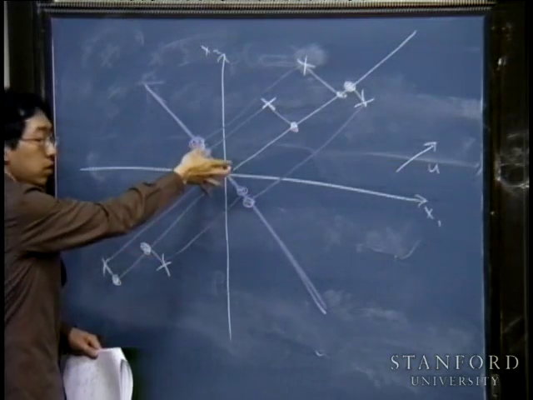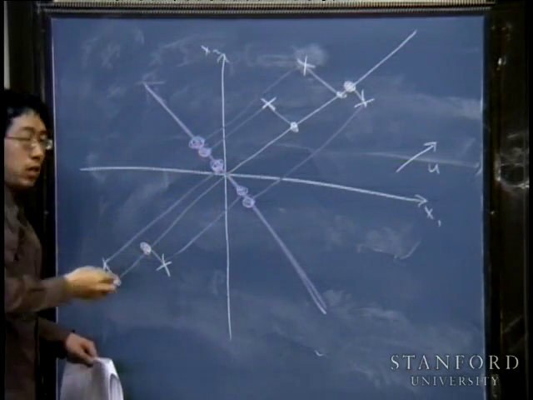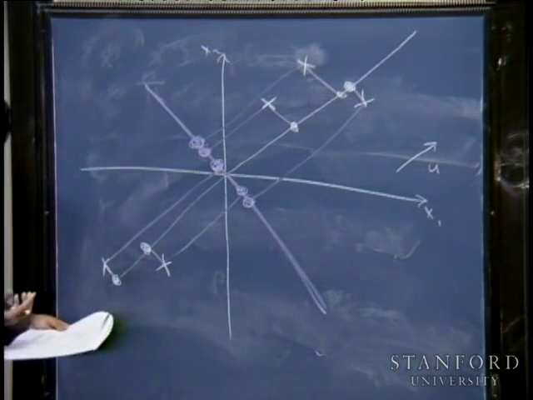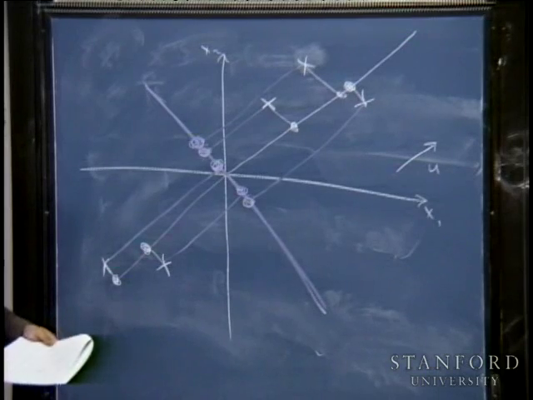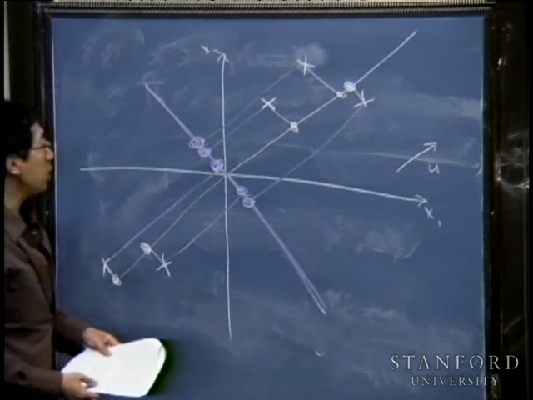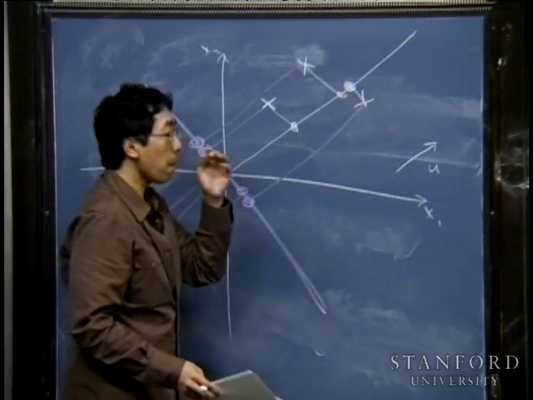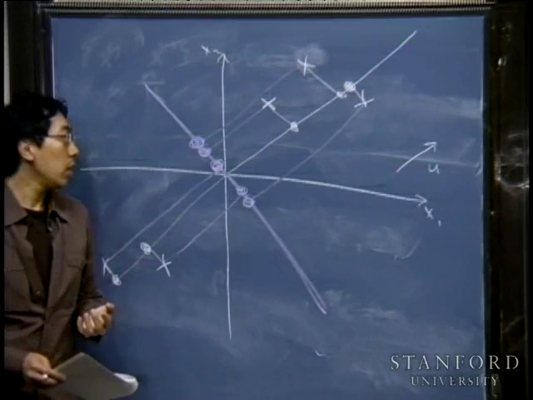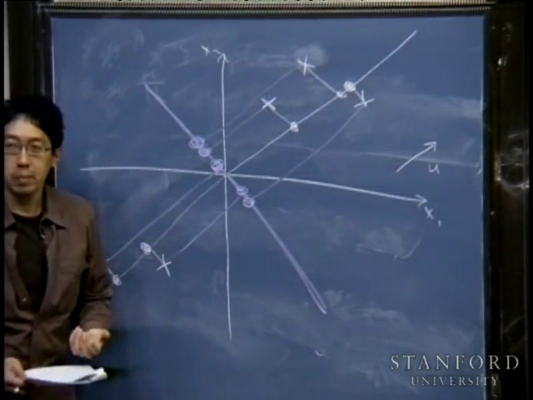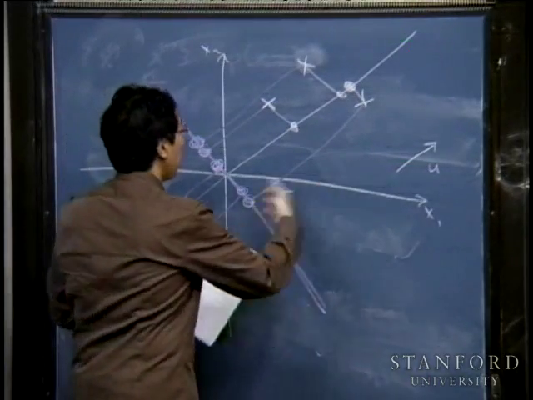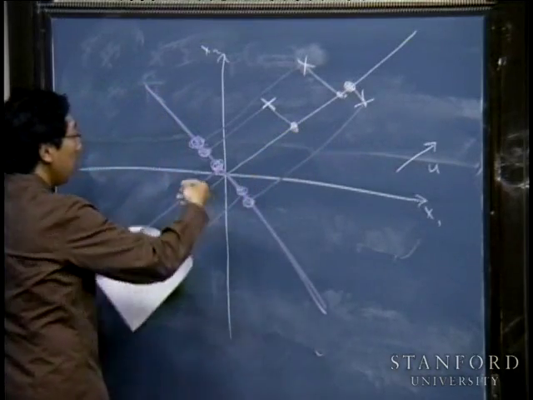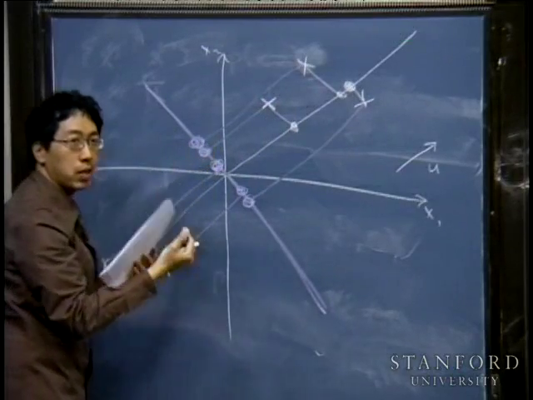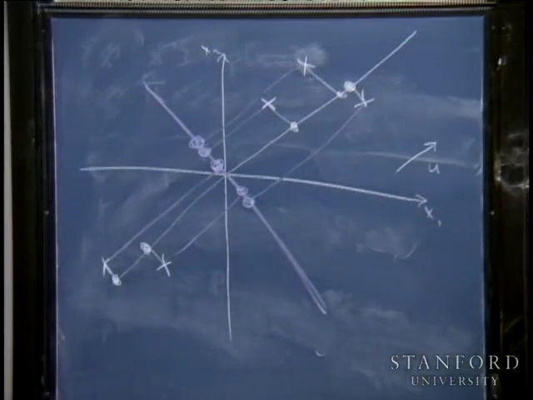My points are clustered together much more tightly. Okay? So one way to formalize this notion of finding the main axis of variation of data is to find the direction u so that when I project my data onto that direction, the projected points vary as much as possible. In other words, I'm going to find a direction so that when I project my data onto it, the projections are widely spaced out. There's large variance.